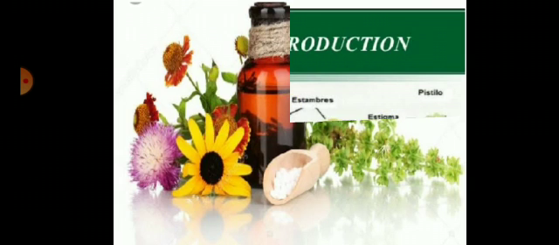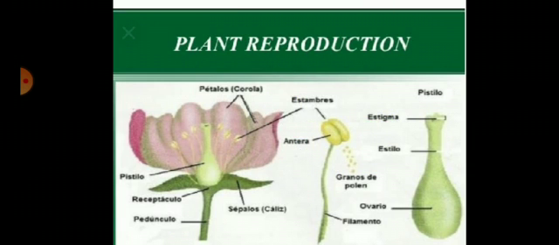Reproduction in plants. Reproduction is the process by which new individuals of the same species are produced. Both plants and animals reproduce. The flowers perform the functions of reproduction in plants. There are two kinds of reproduction that take place in plants.